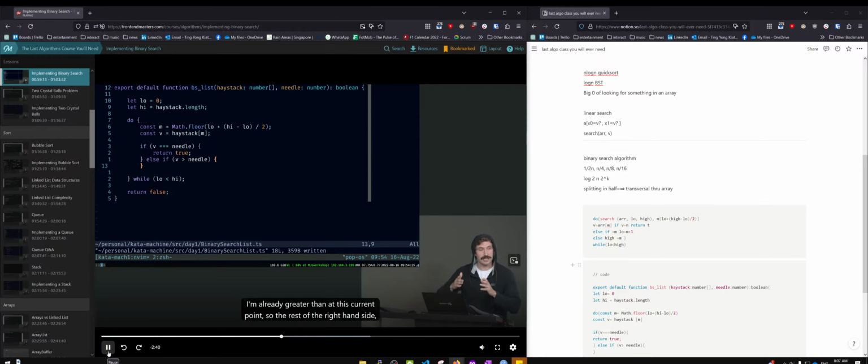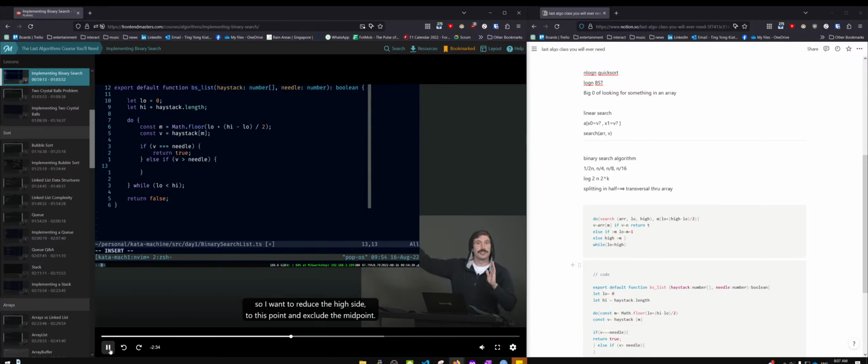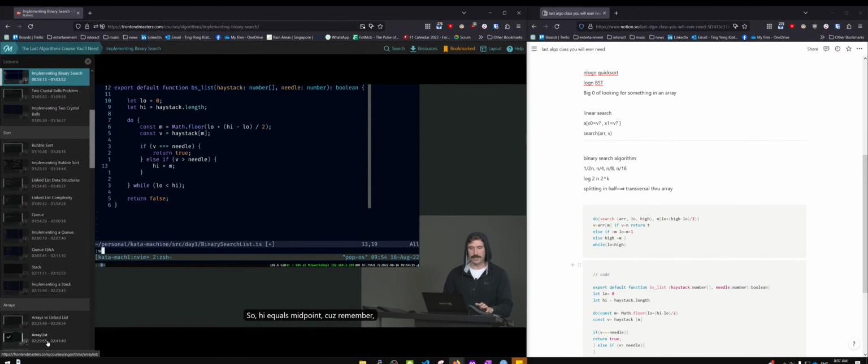I'm already greater than at this current point, so the rest of the right-hand side is going to be greater than. So I want to reduce the high side to this point and exclude the midpoint. So high equals midpoint, because remember, high is exclusive, low is inclusive.